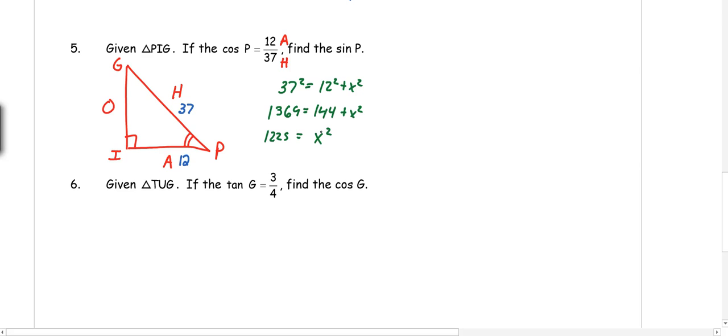And then I'm going to take the square root of that, and I find that x equals 35. So my opposite side has a measure of 35. So now I can find the sine of P is equal to my opposite over my hypotenuse, which is 35 over 37, and I can't reduce that at all.